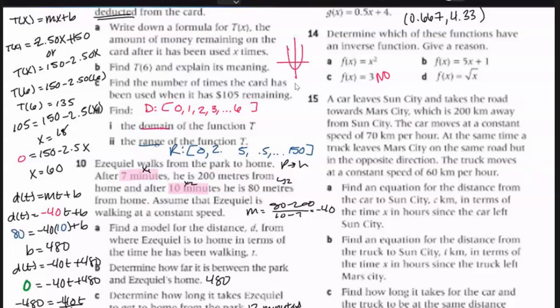We know f of x equals x squared is a parabola. You cannot have an inverse if it does not pass the horizontal line test, because if inputs switch with outputs, then if you have repeating output values, you're going to have repeating input values when you switch them in the inverse.